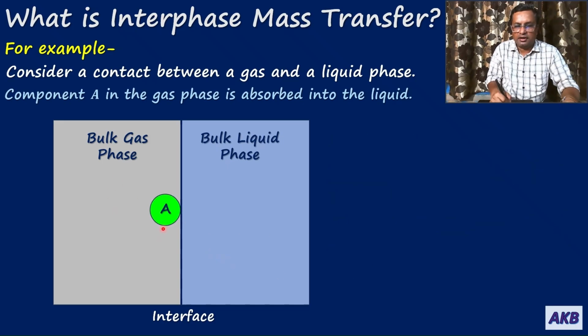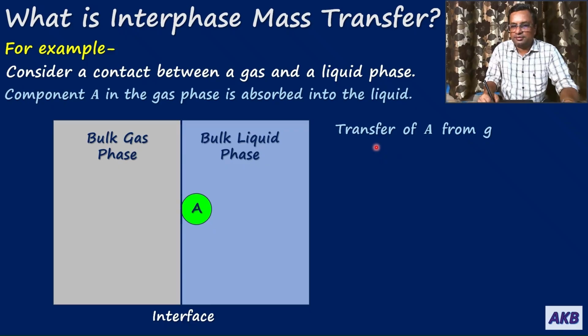Then the next step that comes into the picture is crossing of the interface. A will cross over the interface, and then it will move from gas phase to the liquid phase. It will first get to the interface, but this time on the liquid side.